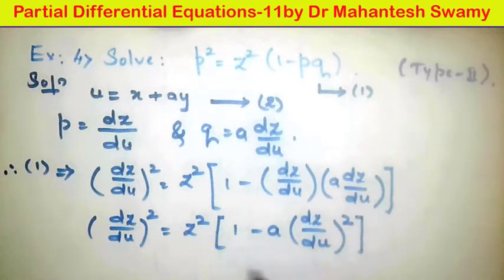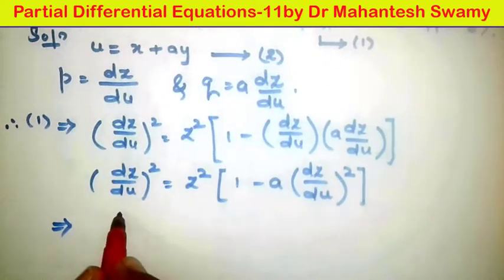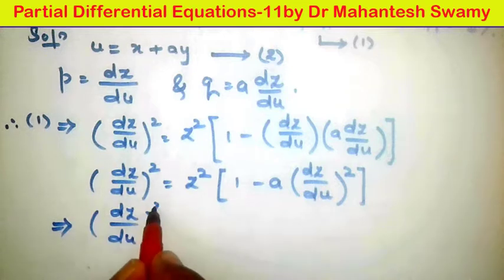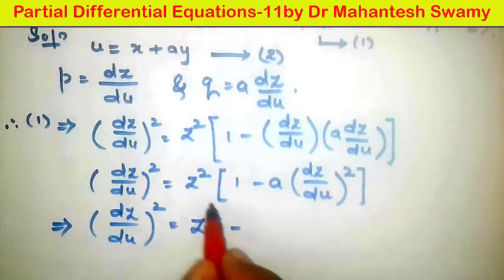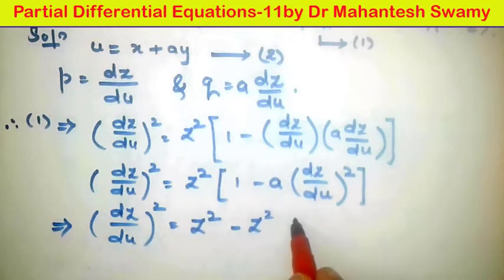Multiplying the brackets, on RHS we get z squared into 1 minus z squared into a into dz by du whole squared.